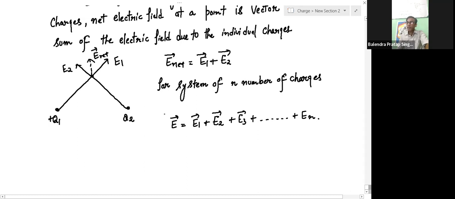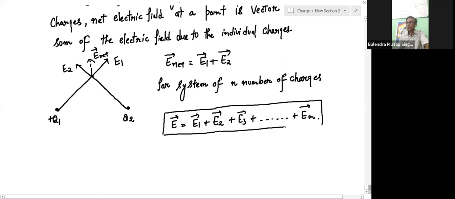This is the superposition principle. Remember, it's a vector sum.